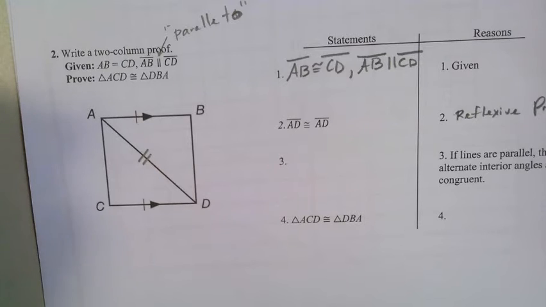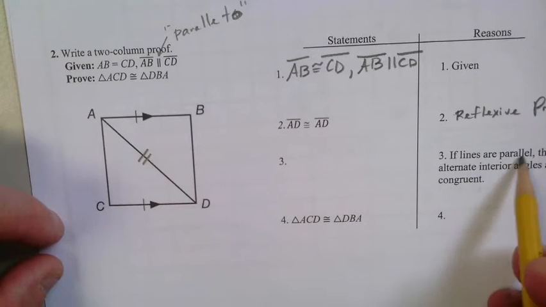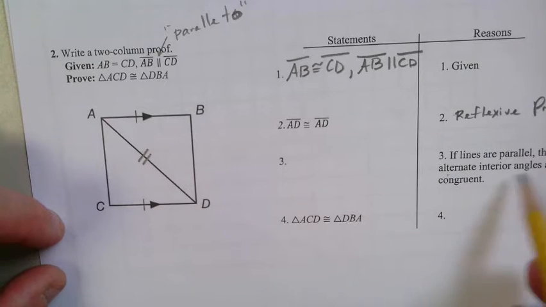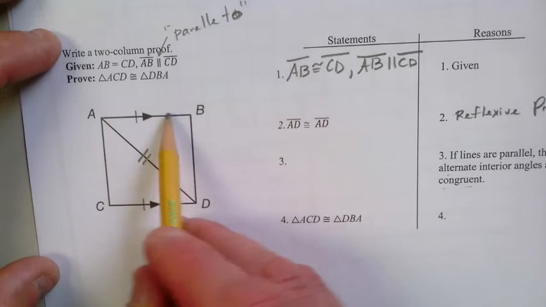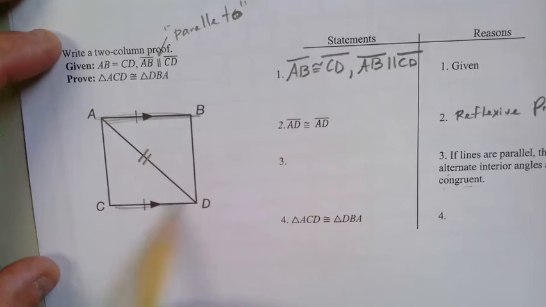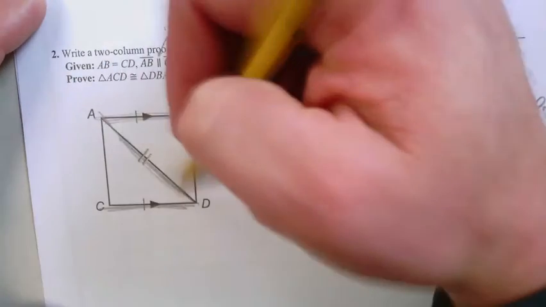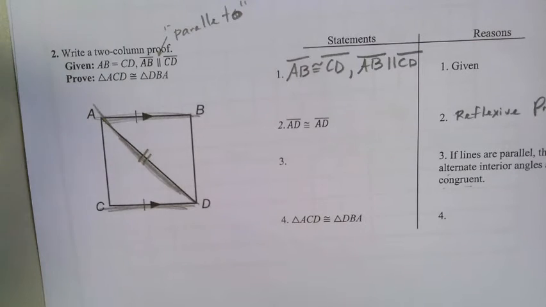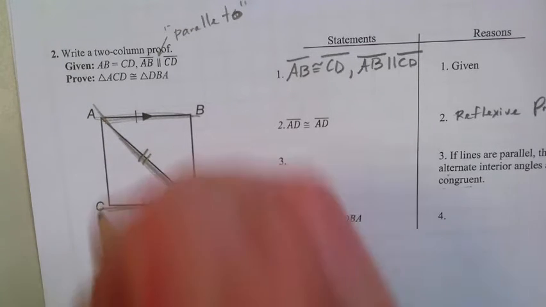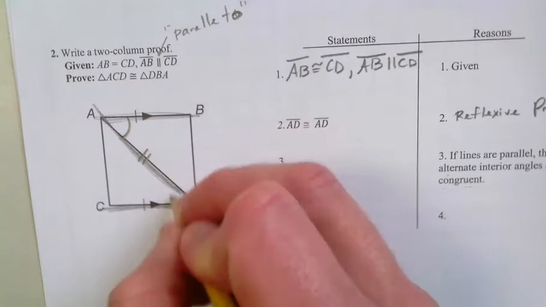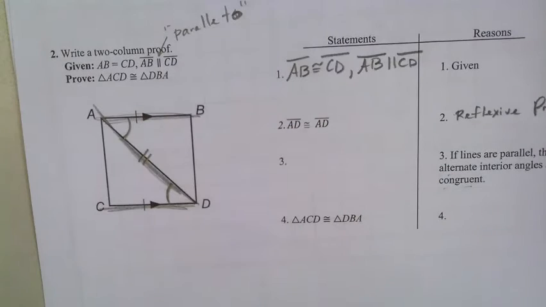Now, from there, if lines are parallel, then the alternate interior angles are congruent. This line is parallel to this line, and here's the transversal that connects them. So hopefully you can see which angles are going to be congruent. Which are they? It's going to be this angle here, this angle here. See how I highlighted that Z?